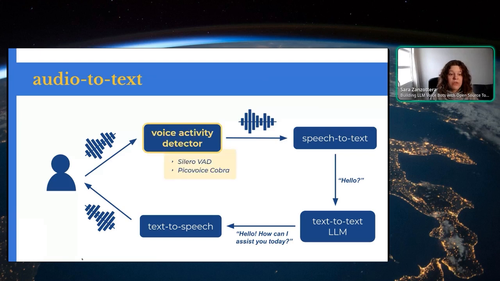The first step, when the user says something, is that its audio is sent to what is called a voice activity detector. The full stream of audio, regardless of whether the user is actually speaking or not, is sent to this model that is normally able to tell when the user starts and stops speaking, to inform the rest of the pipeline of what's happening.